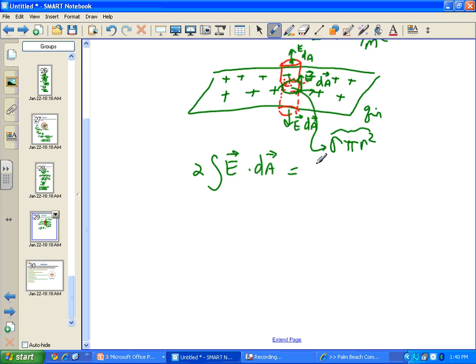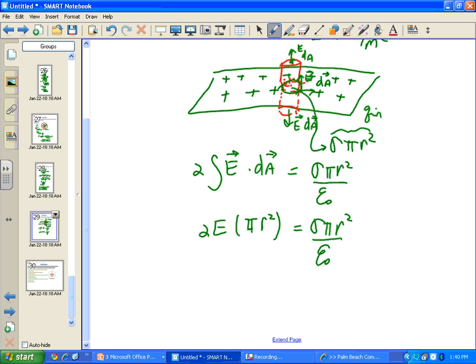Well, let's see. Sigma times pi r squared over epsilon naught equals 2 times the electric field times the area of the cylinder, and of course 2 times means we're taking into account the top and the bottom.